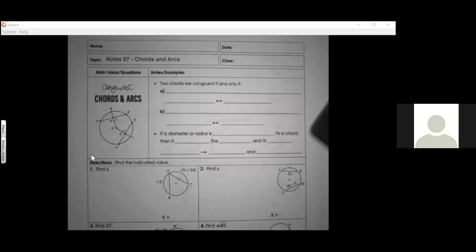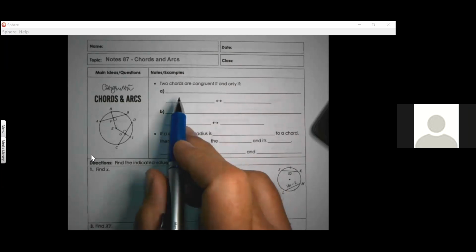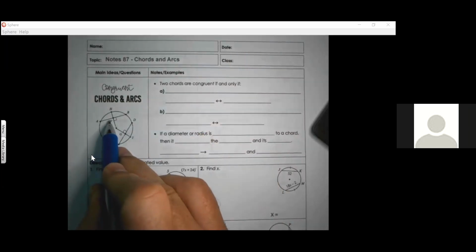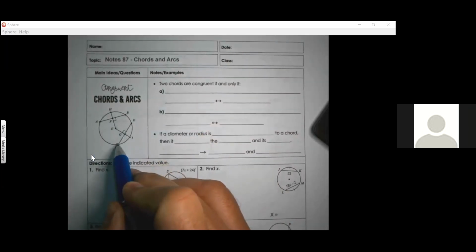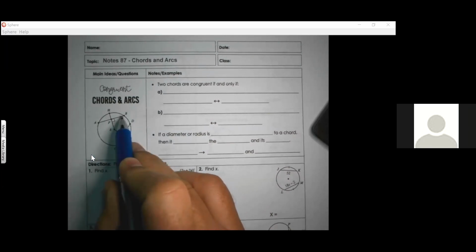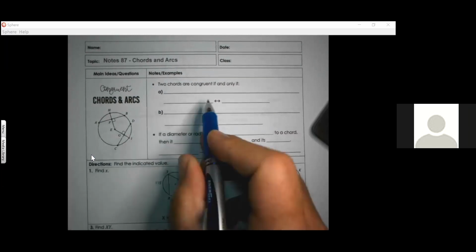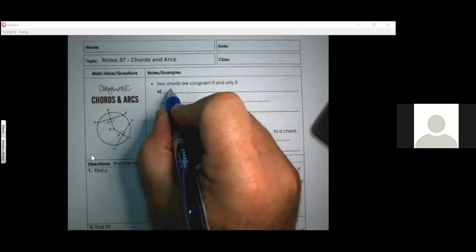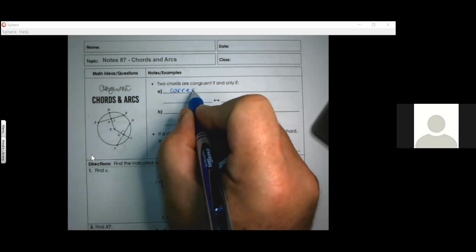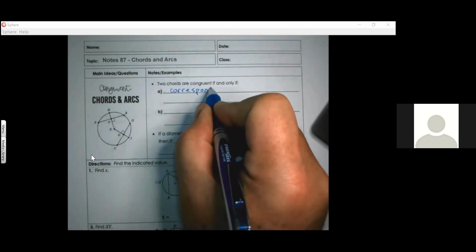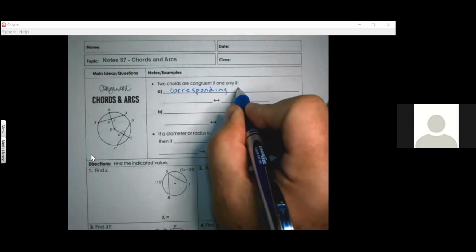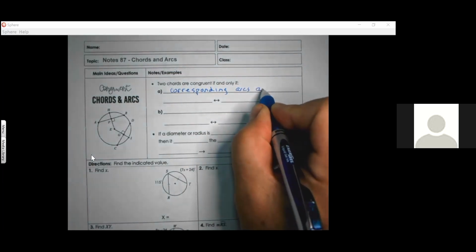So for example, in the event that we're looking at chords running across a circle, what we'll find is that those two chords are going to be congruent if the corresponding arcs are congruent.